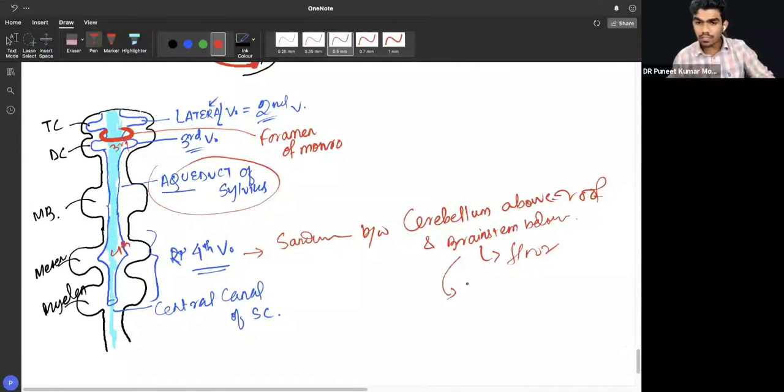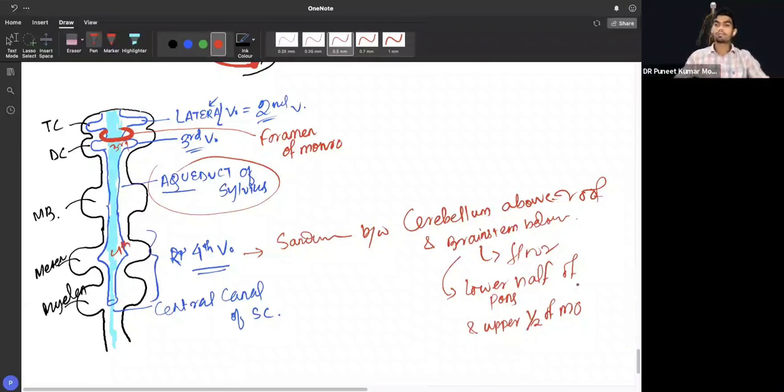Actually, the lower half of pons and upper half of medulla oblongata forms the floor.